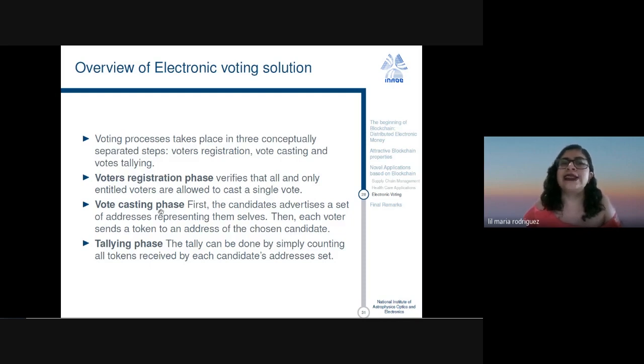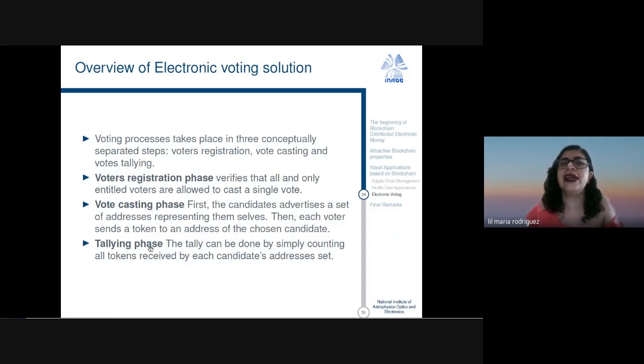During the casting phase, we need the candidates to advertise themselves as a set of addresses representing them. So we can have a set of private and public keys that represent the candidates, and then each voter can send a token to the address of the chosen candidate.